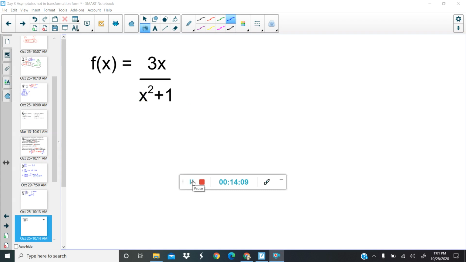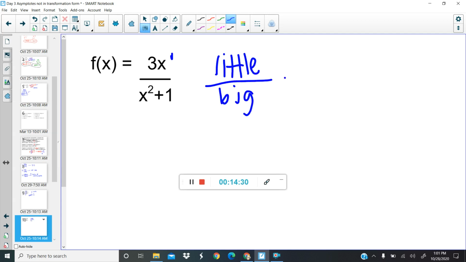In my next example, I have 3x over x squared plus 1. The degree on 3x is just 1, because it's like 3x to the first power. So we have a degree of 1 on top and a degree of 2 on the bottom.